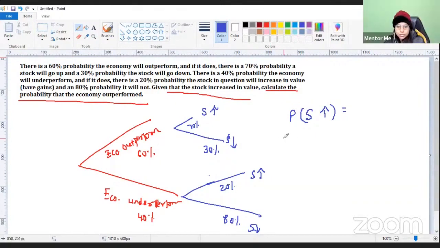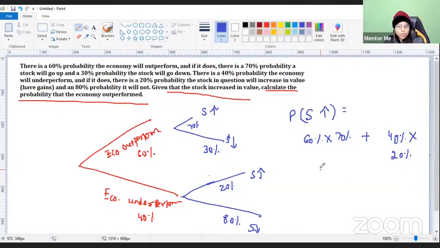Absolutely correct. So it would be 60% probability of the economy outperforming into a 70% chance of the prices going up, given that the economy has outperformed, plus 40% probability of the economy underperforming into the 20% probability of the stock price going up, given that the economy has underperformed.